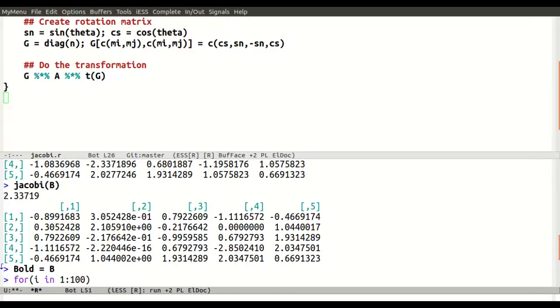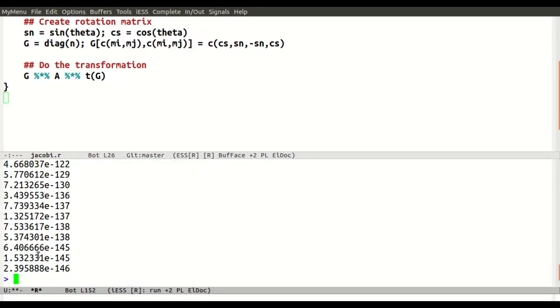So ideally I should do a check about how many steps I should do, but right now I am just being lazy. So I am going to apply the Jacobi iteration 100 times. At every step it is going to print the maximum absolute off diagonal entry, and here we see it is 10 to the power minus 146, pretty close to 0. So it is very, very close to diagonal.